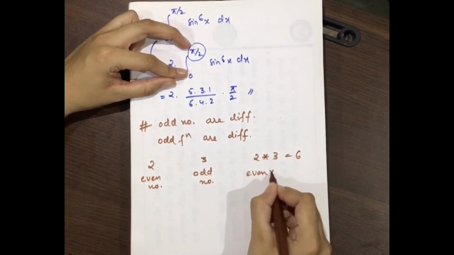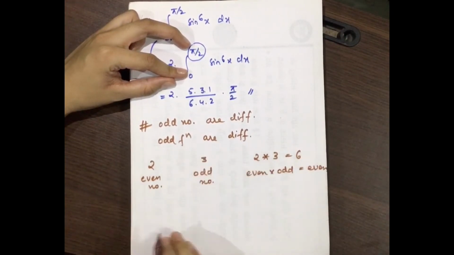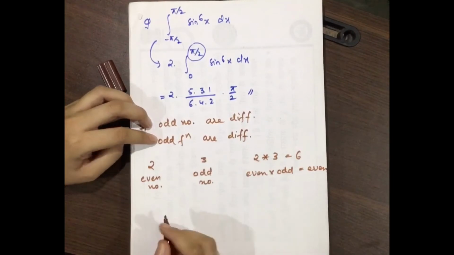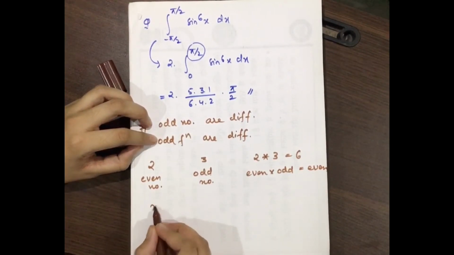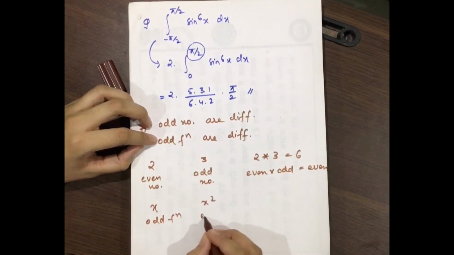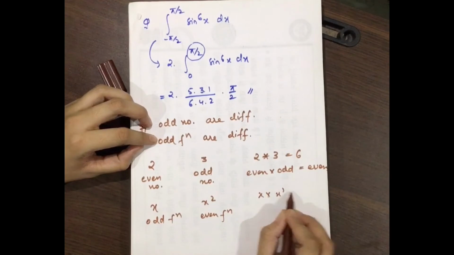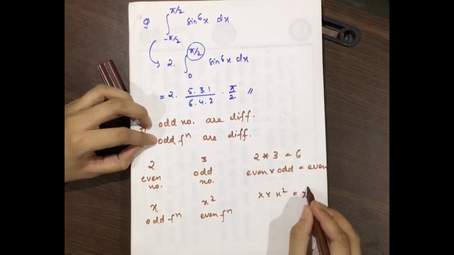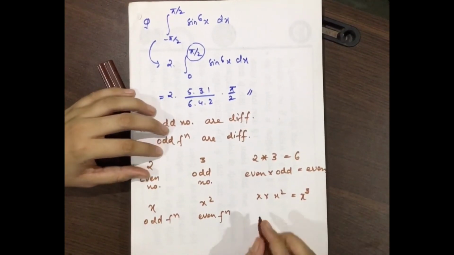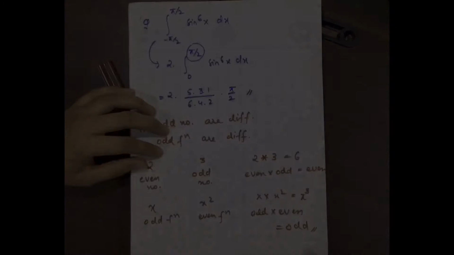So now here we can write even number into odd number is equal to even number. Okay, now let us suppose x is an odd function and x square is an even function, and if we multiply odd function and even function we get x cube, that is an odd function. So this is my point, that if we multiply odd and even function we get an odd function.